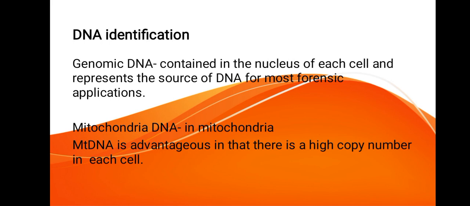The advantage of mitochondrial DNA is that there is a high copy number in each cell caused by the high number of mitochondria present in most cells. Hence, it is present in sufficient quantity to make a match. However, it's exclusively maternally inherited and hence less informative compared to the nuclear DNA.